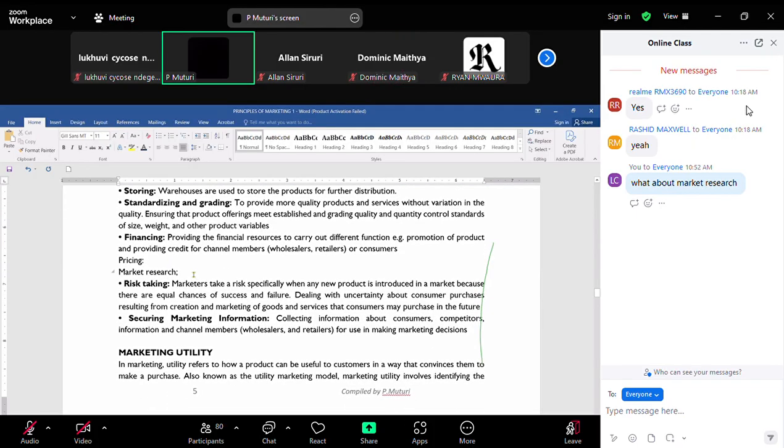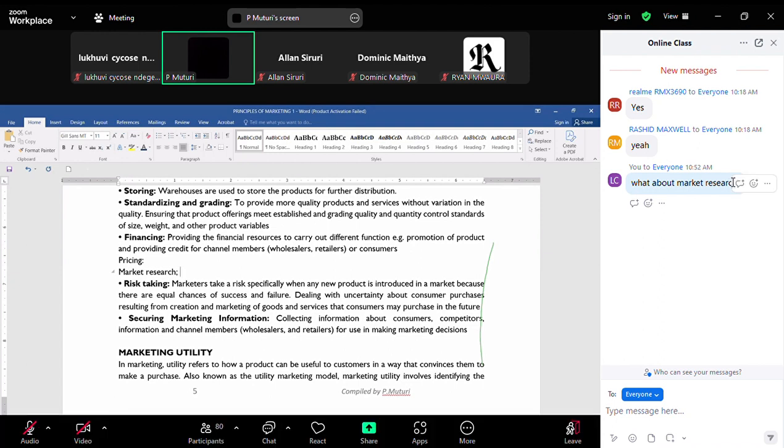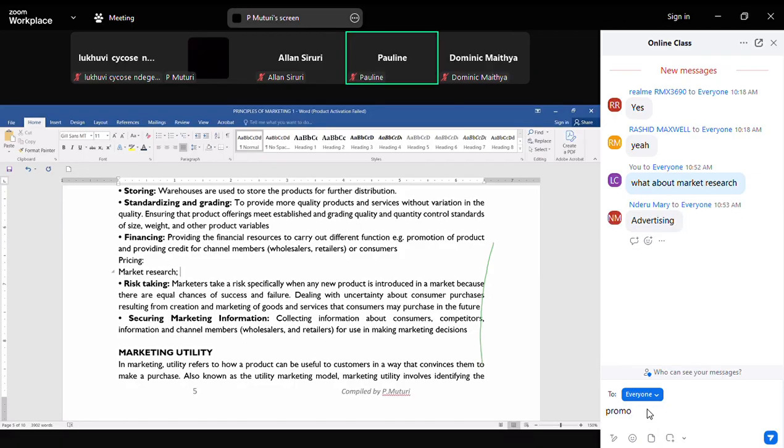Market research, and now you will need to add the meat of those points there. You will add those ones. Any other? As you can see, I'm adding them as you're bringing them. Any other before we move on? Yes.